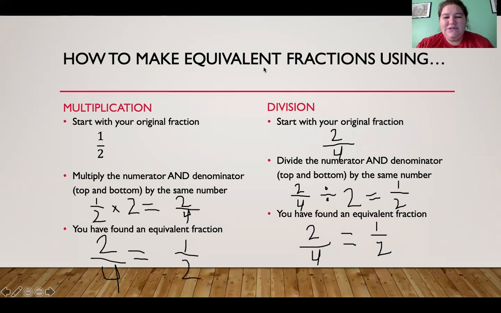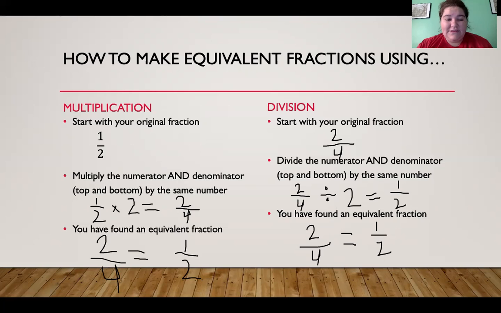Now, let's say we're trying to make equivalent fractions using multiplication or division, right? If we want to make our denominator bigger, we're going to use multiplication. So you're going to start with your original fraction, which is 1/2. Then you're going to multiply the numerator and the denominator. It has to be both.